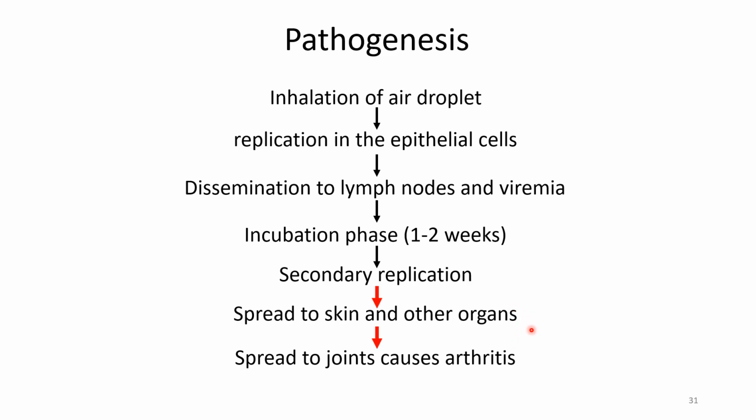Now, the person infected with rubella virus can be infectious around 7 days before the rash appears, and then 7 days after the rash. So they have a very long infectious period, and particularly the fact that this transmission happens before the rash appears makes it difficult to control its spread, and thus vaccination remains the key measure for prevention.